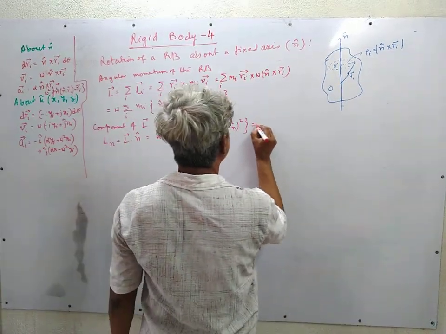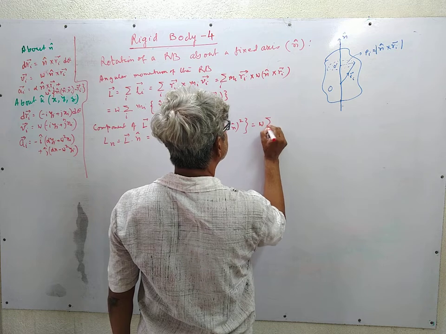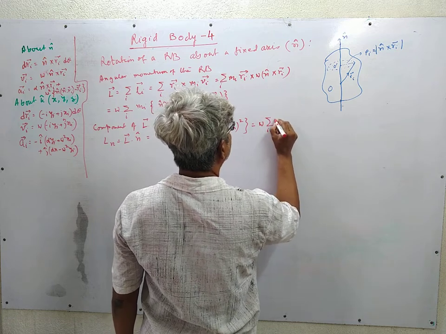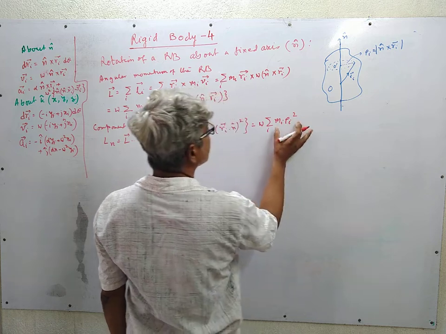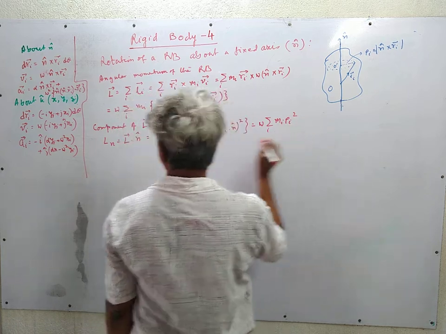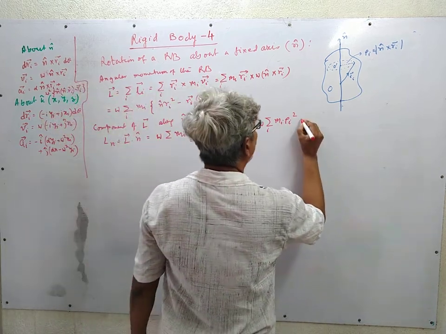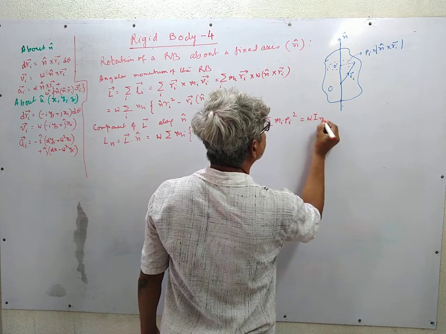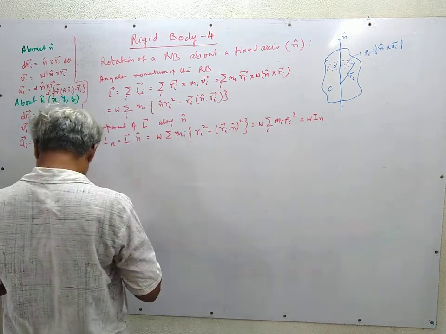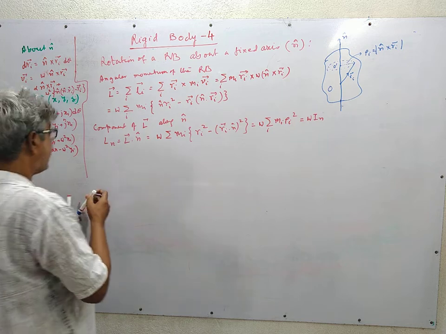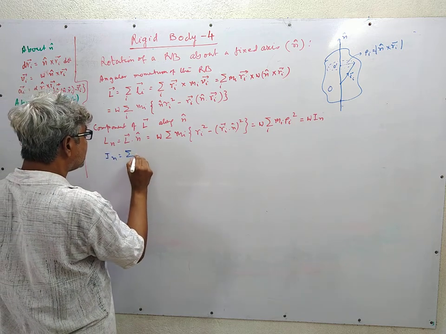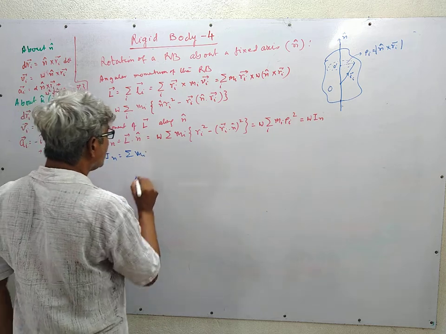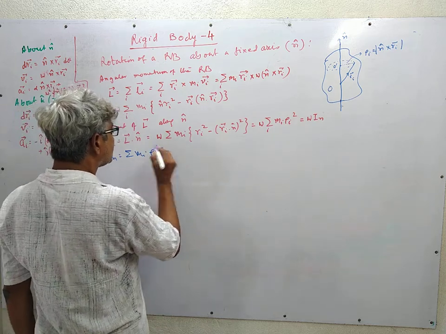So this is omega summation over i of Mi rho i square. This is the moment of inertia, so we call it omega In, where In is equal to summation over i of Mi rho i square.